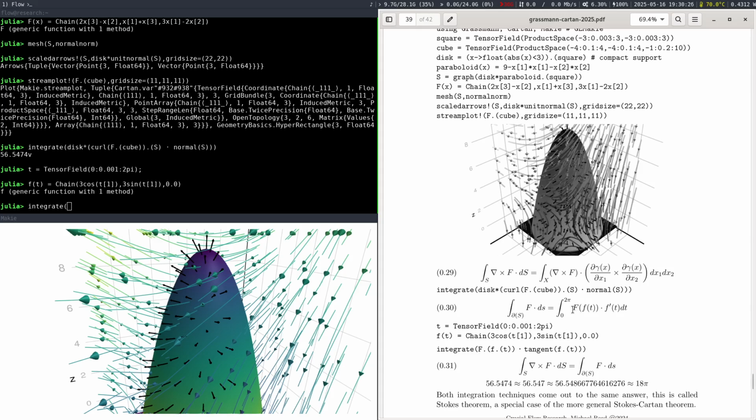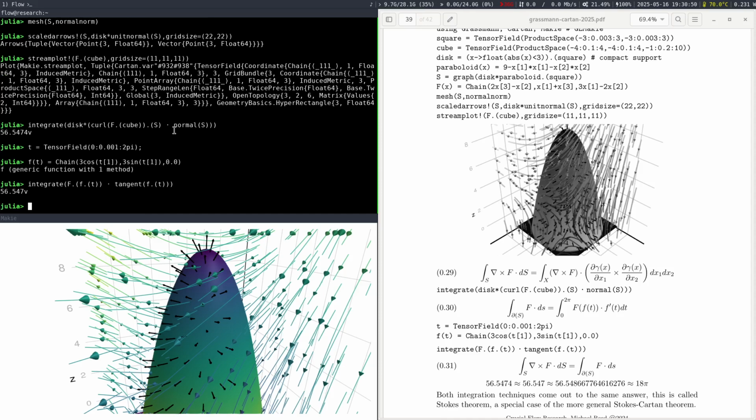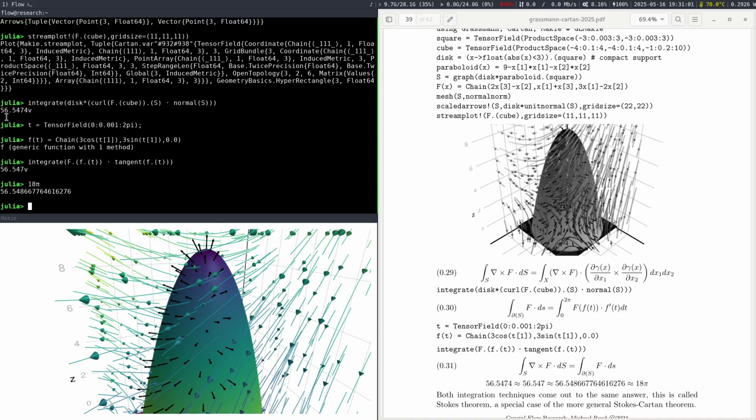We can do the integral from 0 to 2 pi of f of t dot f prime of t. All right, let's integrate this. All right, so now we computed this integral in two different ways, 56.547. Now the exact answer is supposed to be 18 pi, 56.5486.